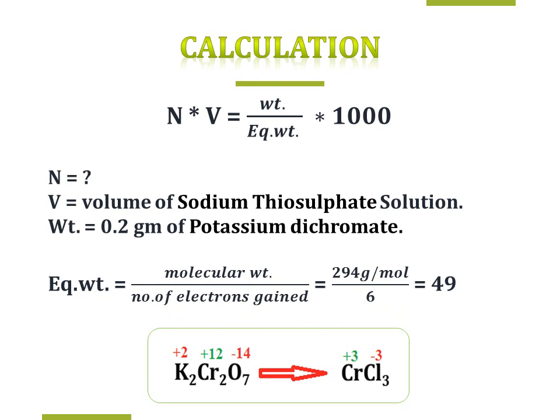Calculation. To calculate the normality of sodium thiosulfate solution using primary standard potassium dichromate, I will use the following law: N times V equals weight divided by equivalent weight times 1000. The normality is what I want to calculate, the normality of sodium thiosulfate solution.